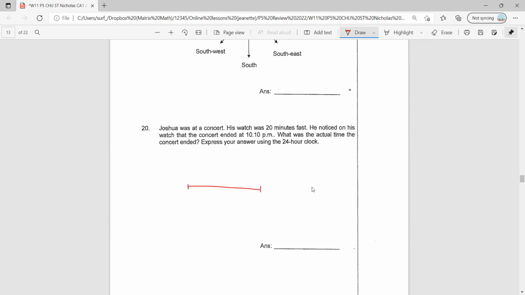Okay, so if his watch is fast, then this is watch. This is actual. The watch is ahead, right? So now this is 20 minutes fast. He noticed that the watch shows 10:10. Okay, so this is 10 p.m. Then we go back by 20 minutes.